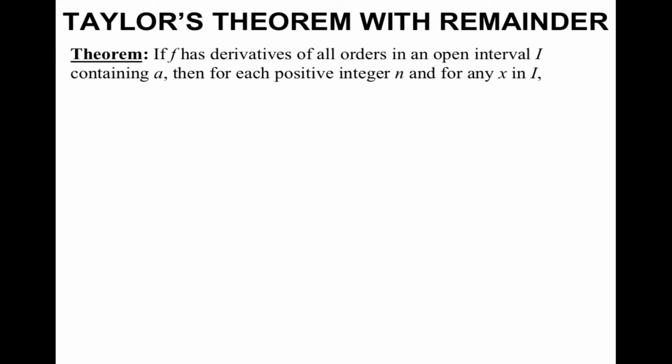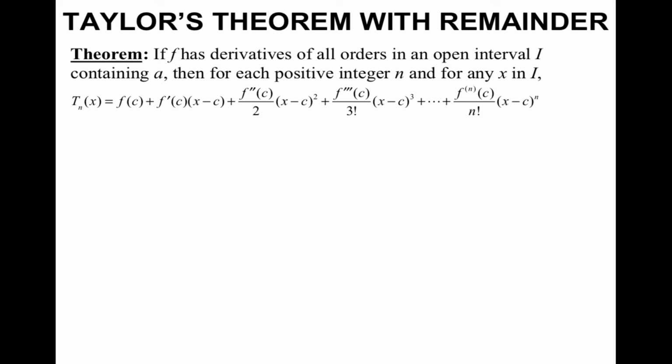Now we have what's called Taylor's theorem with remainder. So if f has derivatives of all orders in an open interval I containing a, then for each positive integer n and for any x in I, we have our Taylor polynomial to the nth degree plus some remainder.